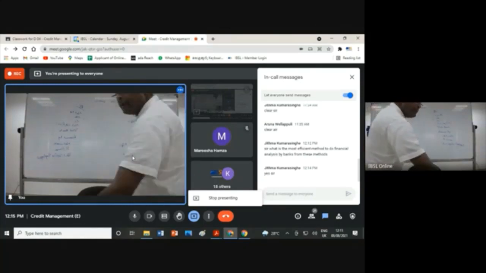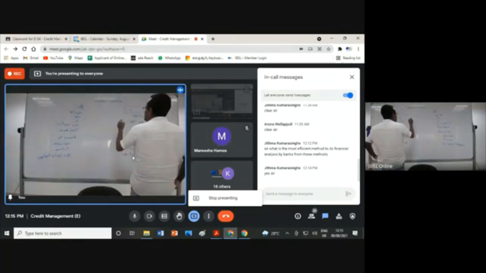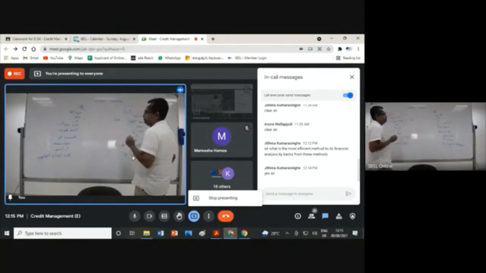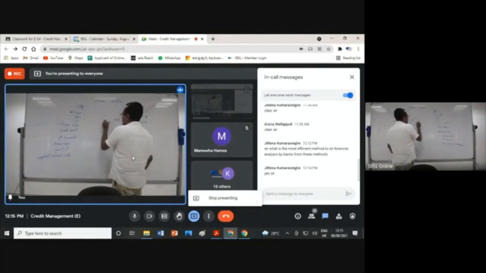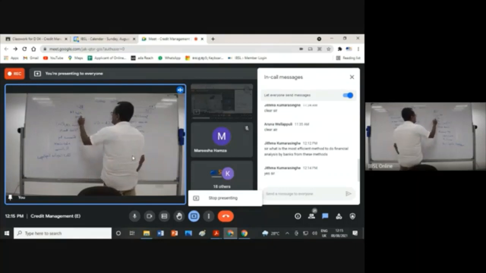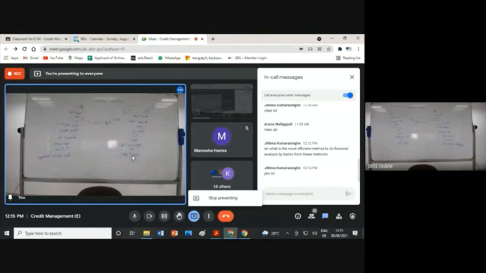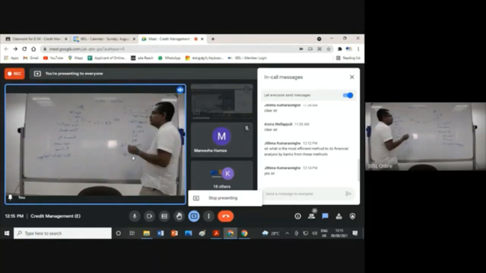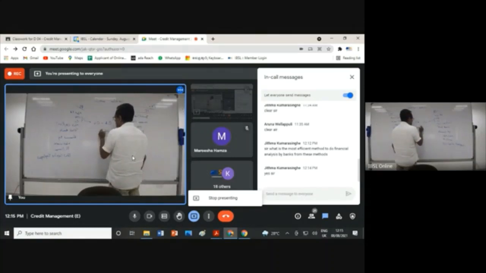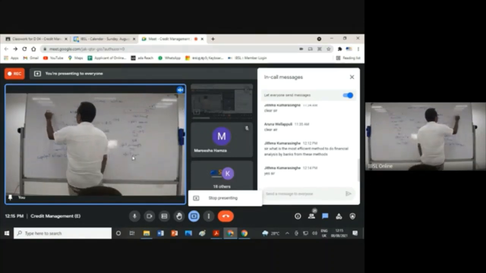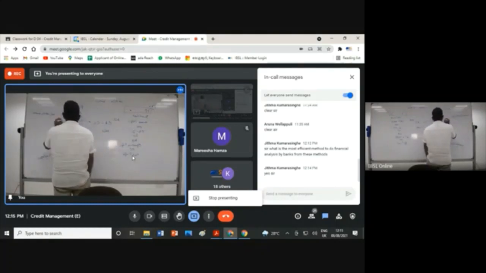So here, the initial one is working capital. Current assets minus current liabilities. This one. I told you I wrote this together due to this. Right? If we have current assets of 25 million rupees, current liability is 15 million.